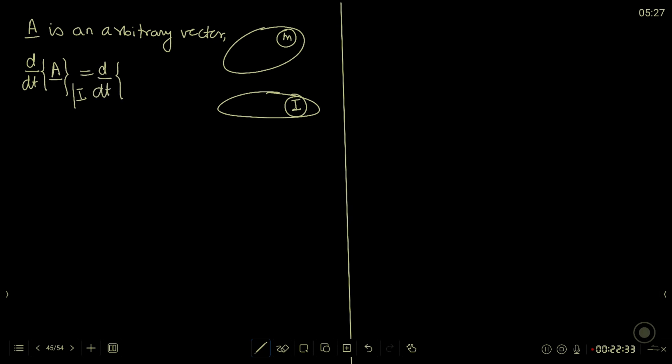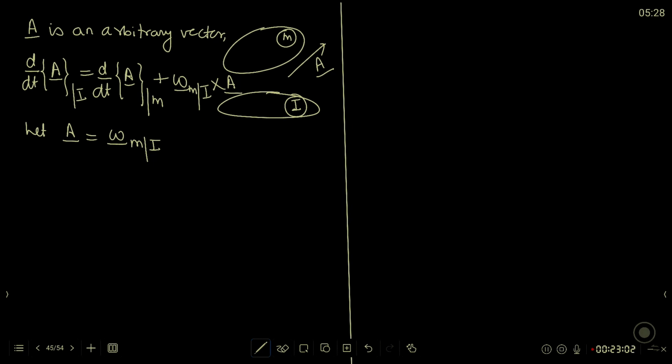Okay, for any vector A, any vector A. Now let us choose that vector to be omega mi itself. Then d dt of omega mi with respect to I is same as d dt of omega mi with respect to m. Why? Because the other term will be 0.